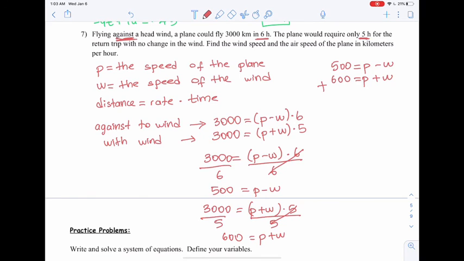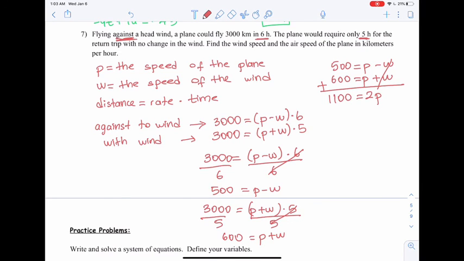We can use the elimination method, and these are eliminated. And 500 plus 600 will be 1,100, and is equal to 2P.